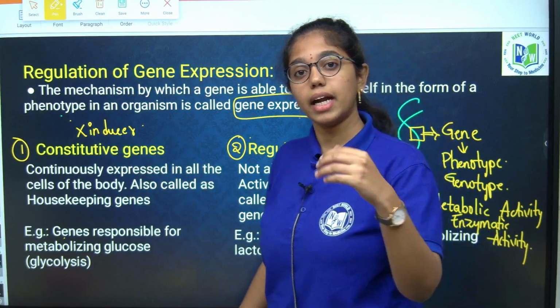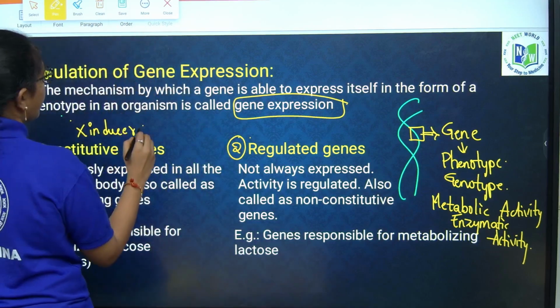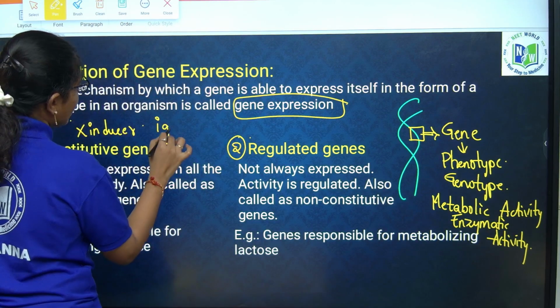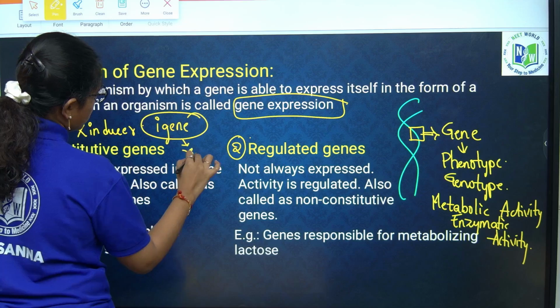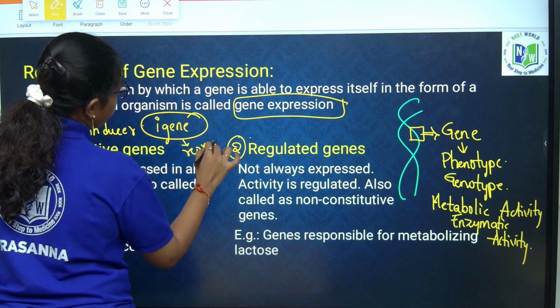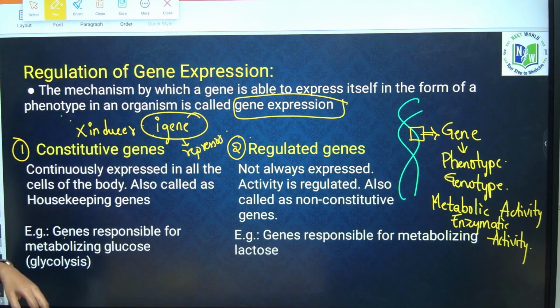Constitutive genes. They are continuously expressed. And in our Lac Operon model also, the I gene which releases the repressor is continuously expressed. So this is also called what, beta?